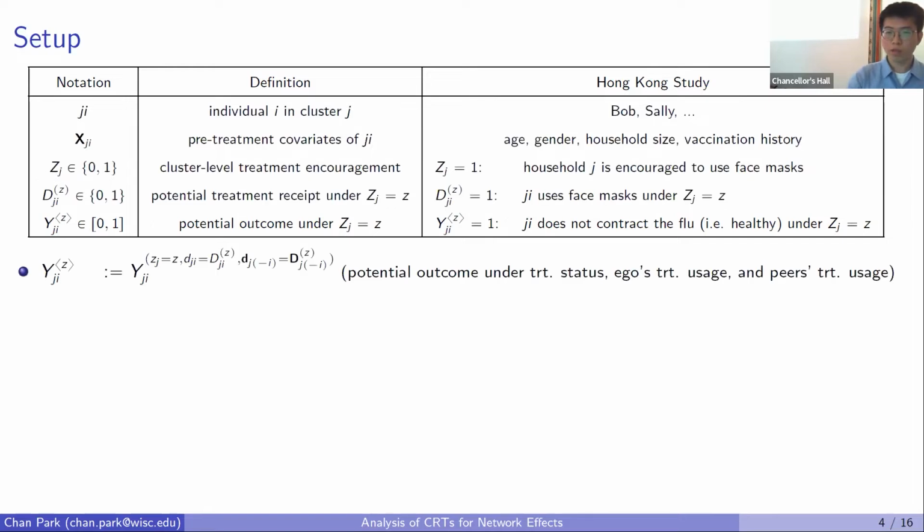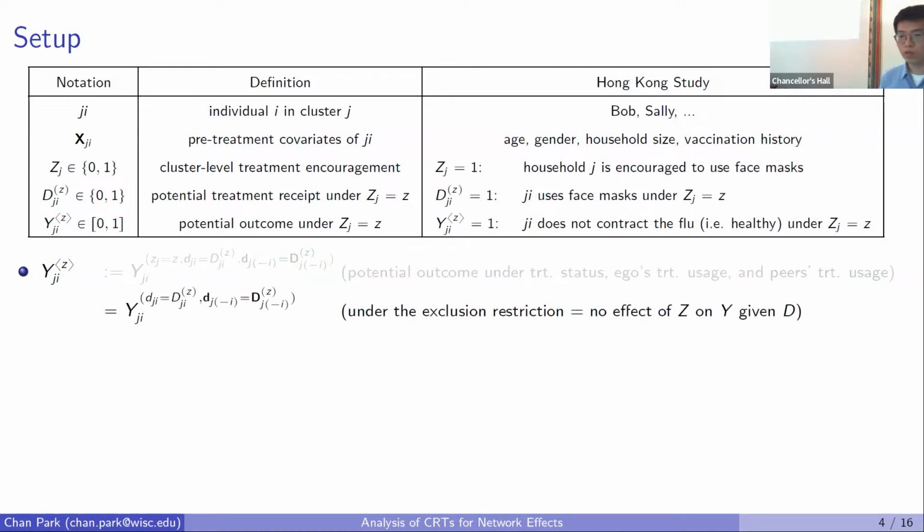So I want to expand the notation of Y(z). This is the potential outcome under the given treatment status, written in red. And the eagles' treatment usage is set to be the natural treatment receipt under the given treatment status. And the peers' treatment usage is also set to be the natural treatment receipt of the peers.